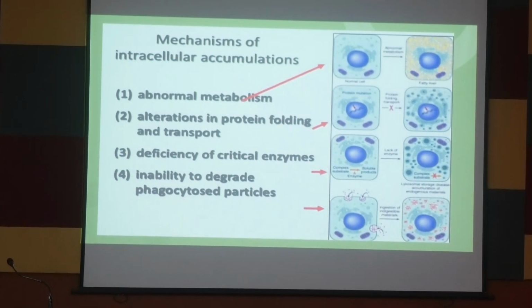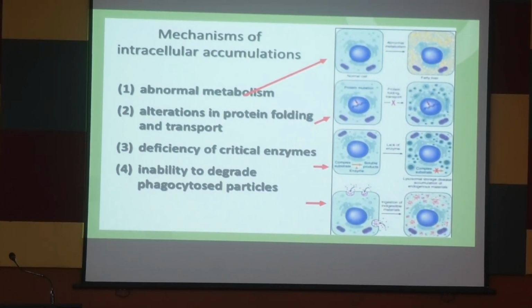And the last is inability to degrade phagocytosed particle. So these are the possible mechanisms of intracellular accumulation: abnormal metabolism, alteration in protein folding and transport, deficiency of critical enzymes, and inability to degrade phagocytosed particle or phagolysosome accumulation.